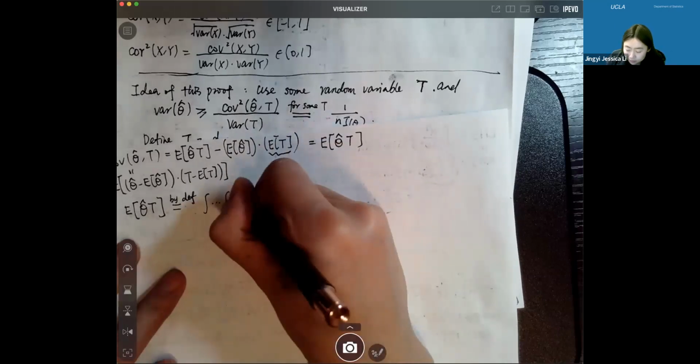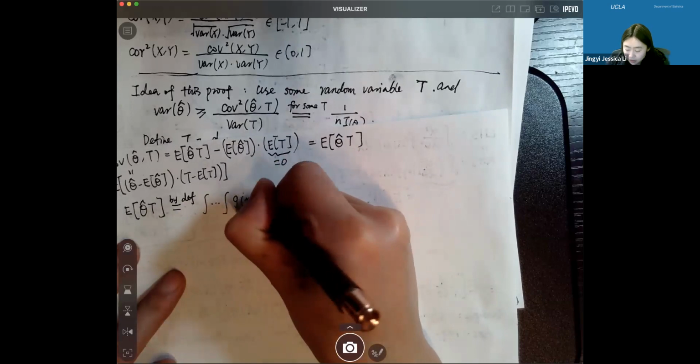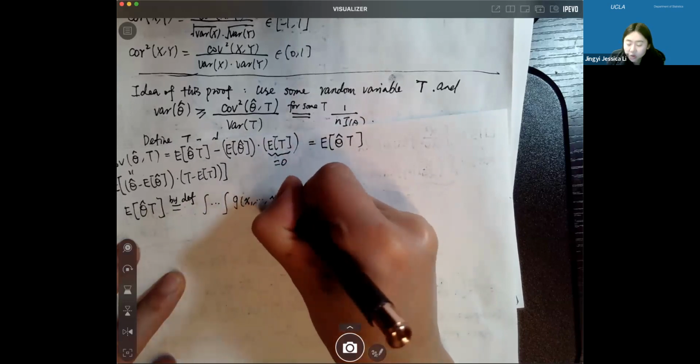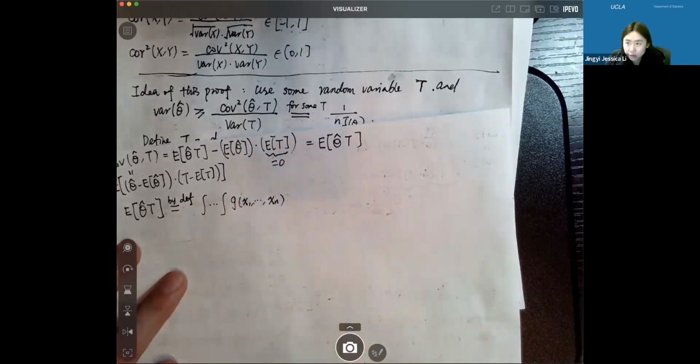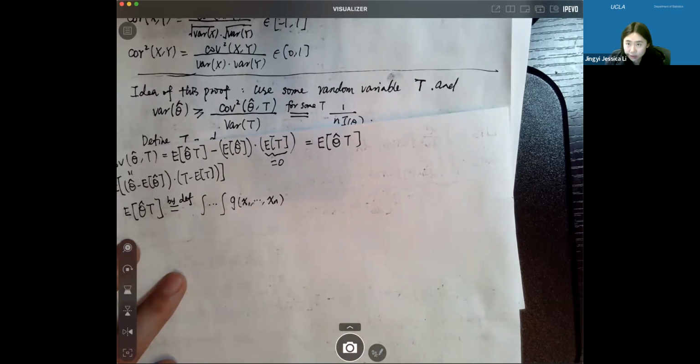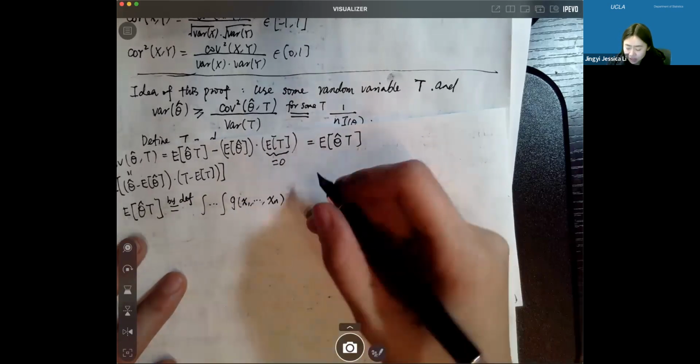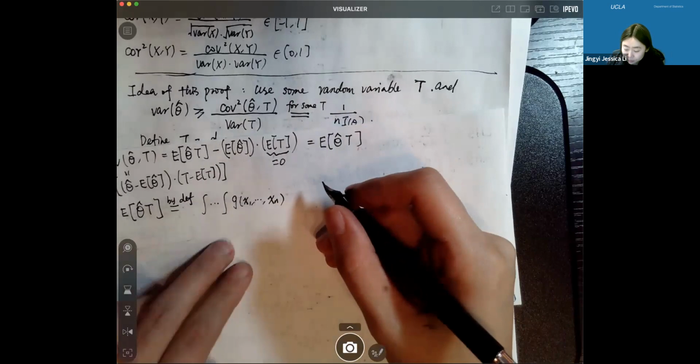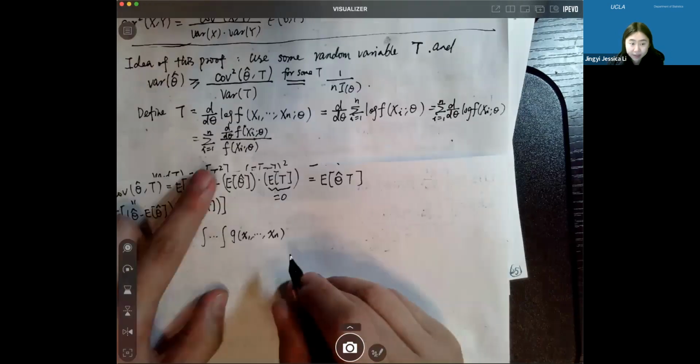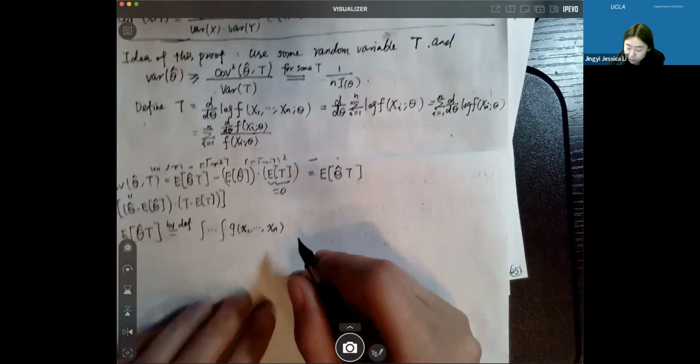For theta hat, it's the g function. And since we're doing integration, I'm using lowercase for all possible values of the random variables x1 to xn. And the T, we already have here, so I just put this T here.